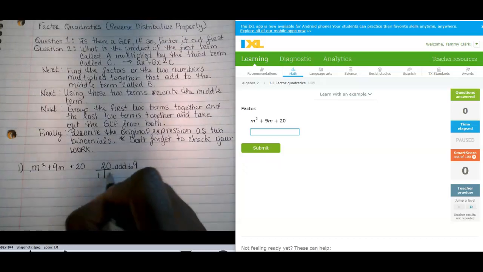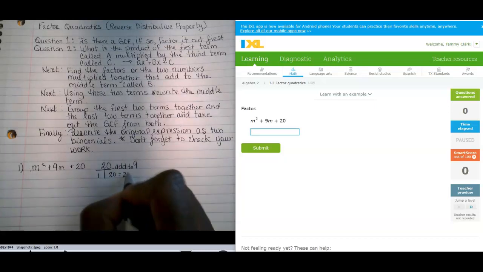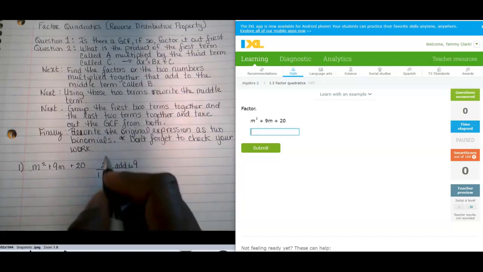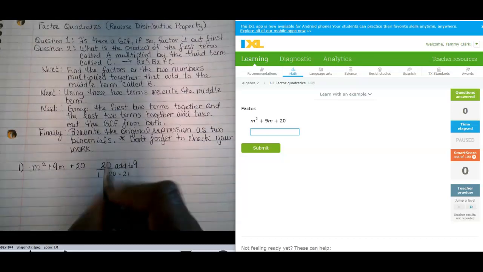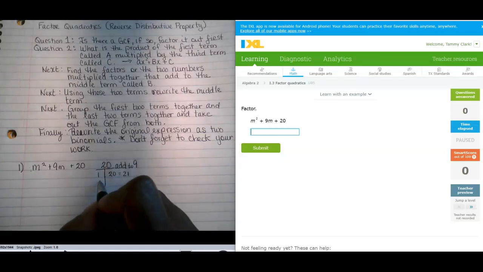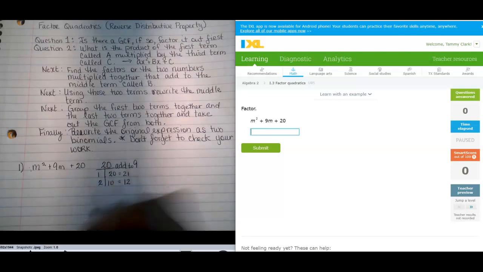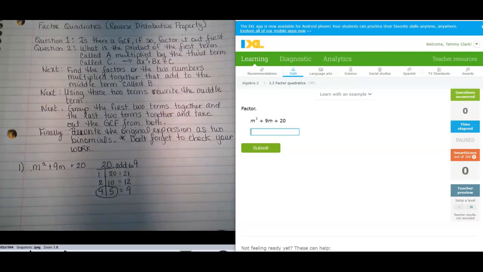We have 1 and 20, but that equals 21. This is a positive number, so I'm only going to use positive factors. 2 and 10, but that would give us 12. Not 3, because 3 doesn't go into 20 evenly. How about 4 and 5? When we add 4 and 5 together, we do get 9. So we're going to use the factors 4 and 5.